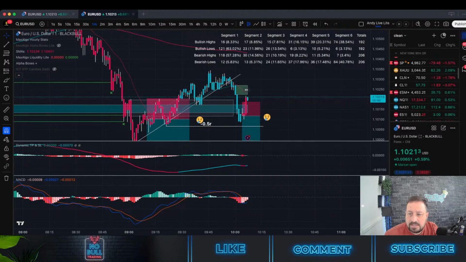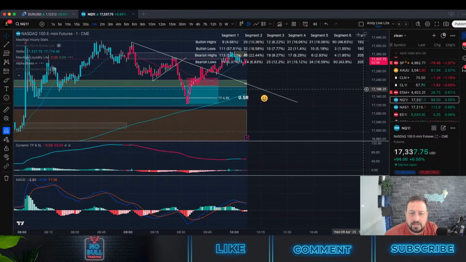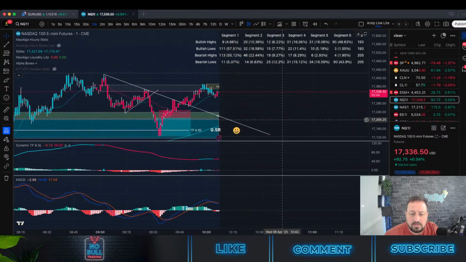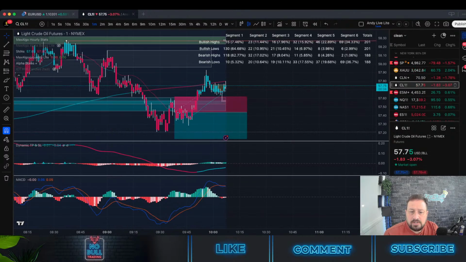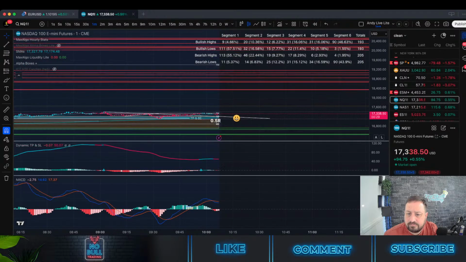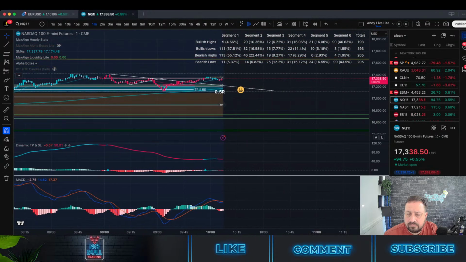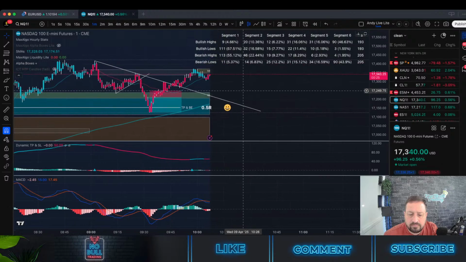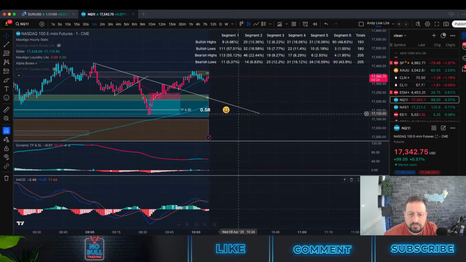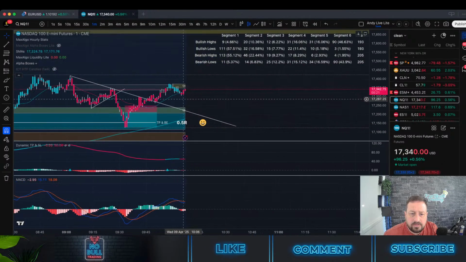So what I need is a decent 2-3 hour trade. If I want to go long, I need to see this flip and tap back in.